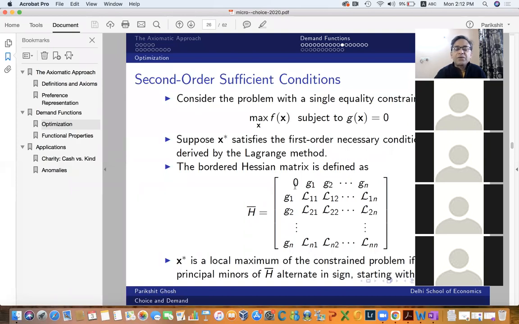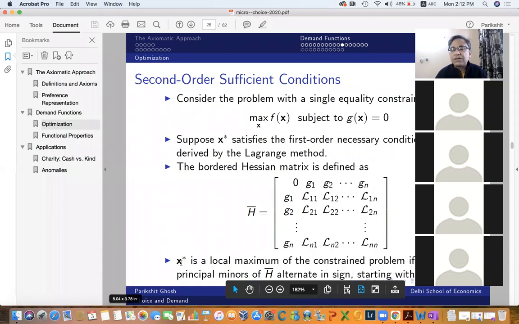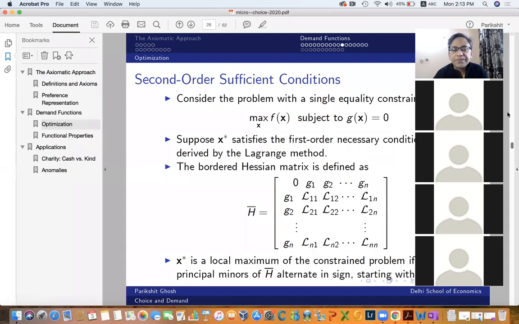And our second order condition says that at the point x star, which is a candidate for the optimum choice, these principal minors have to alternate in sign. The first one is negative, second one is positive, the third one is negative, and so on. So I'm just being mechanical over here. I'm just borrowing off the shelf well-known second order conditions that you have in calculus.